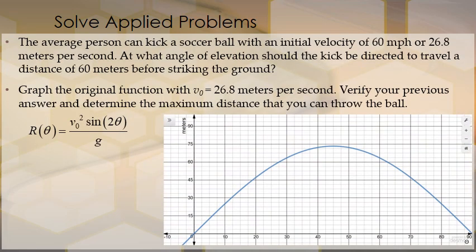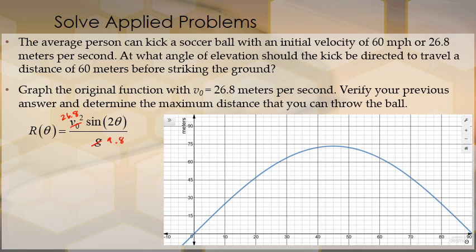All right, so here is the picture that I got, and we want to answer this question. The parabola that you see in blue is my graph with the 26.8 substituted in for v sub 0 and 9.8 substituted in for g.